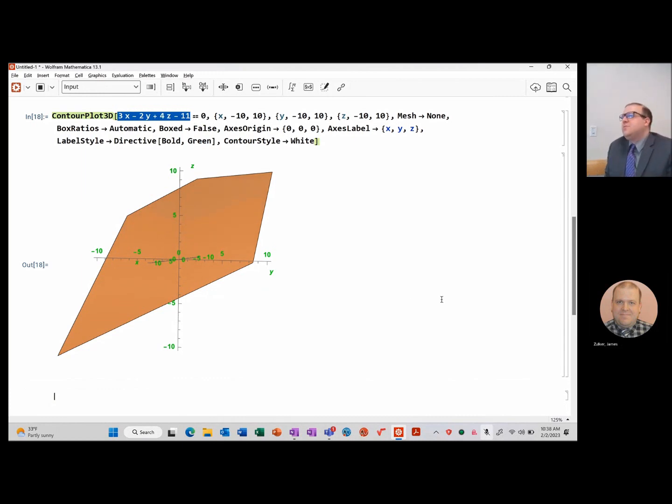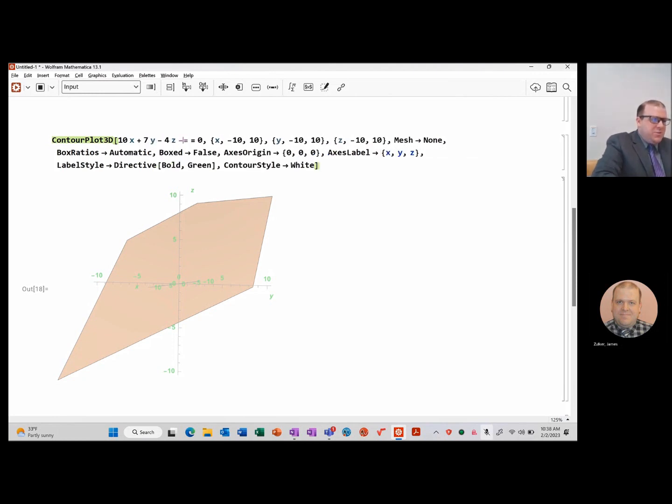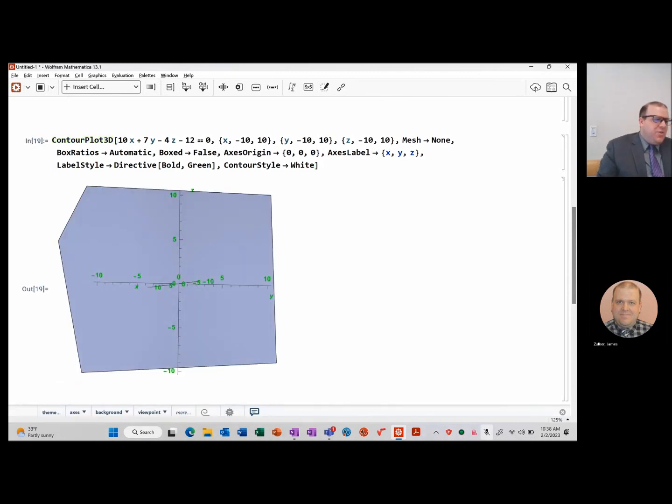For the most part, that's the only thing that's going to change. My options are most likely going to stay the same. I might just have to do another rotation, but I doubt it. What we say it was 10x plus 7y minus 4z and then minus 12, right? Shift enter. You have to rotate it.